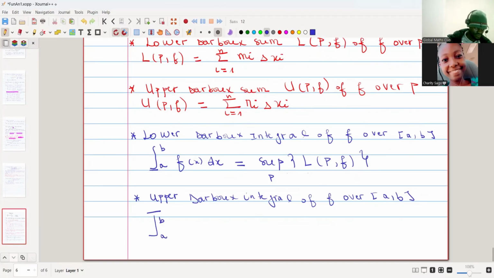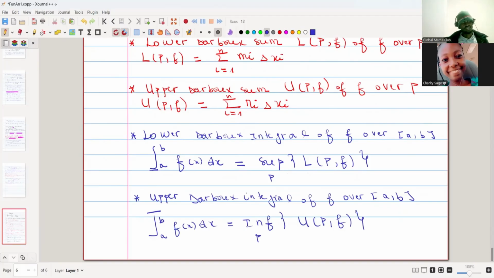This is the infimum of the upper double sum. That is what we call the upper double integral.